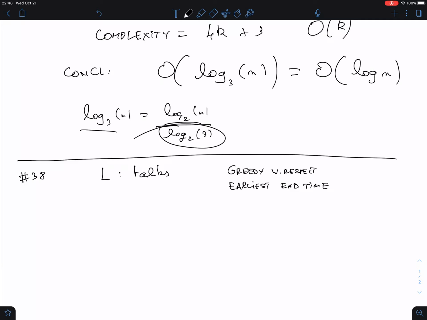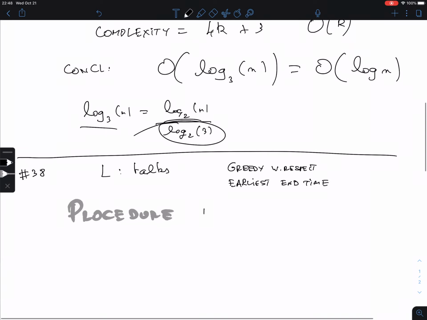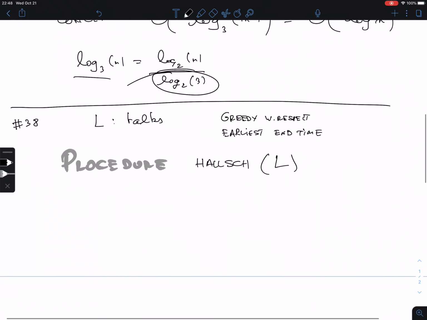Okay, so what you do, you go through a list. So here is the procedure. As I describe it, I'll also give the pseudocode because it's very similar. So we call this hall schedule, or lecture schedule or something. And so this contains this list of talks. Okay, and so the first step is that we will keep throwing talks out that are no longer possible to schedule or have been scheduled.